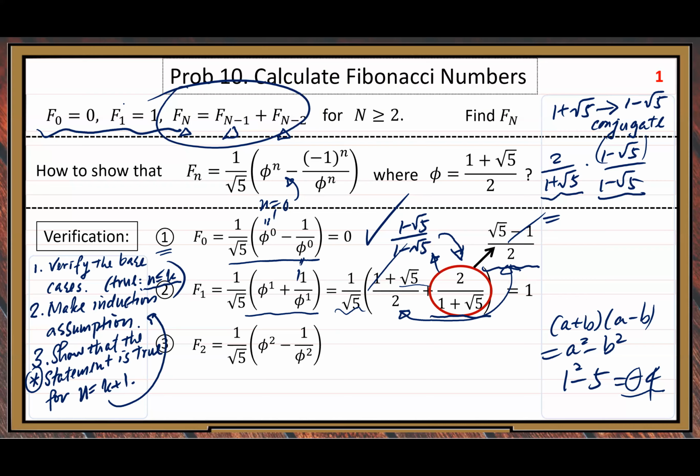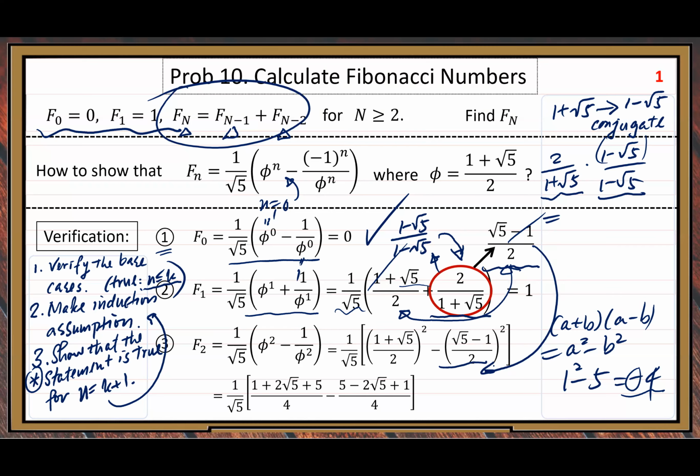Then plug in the rationalized second term. Because we did the rationalization before, we can jump to that step. Then we do expansion.